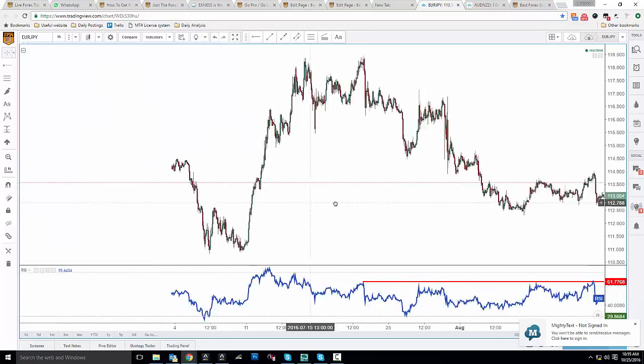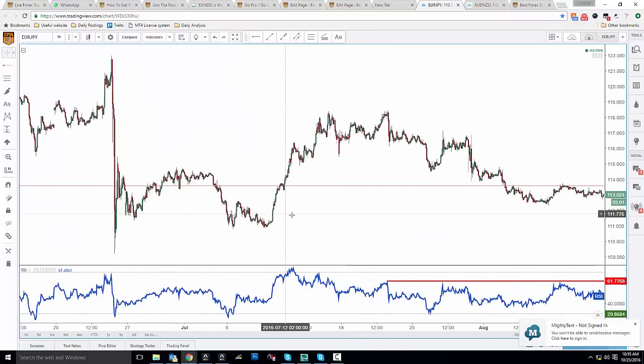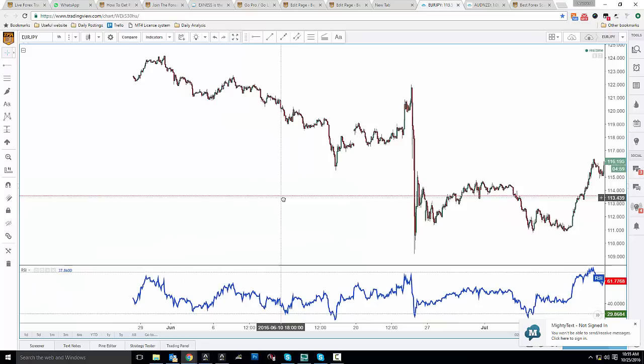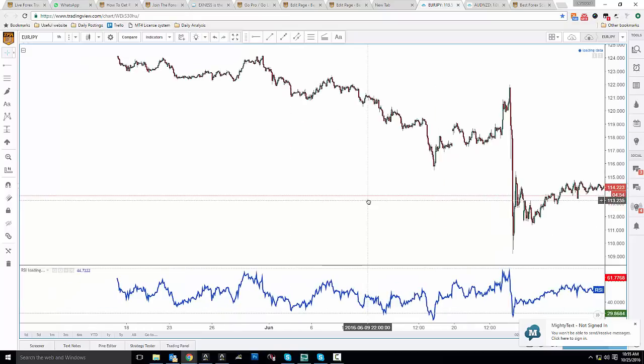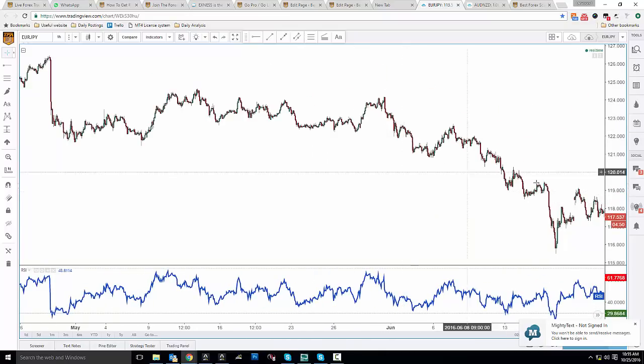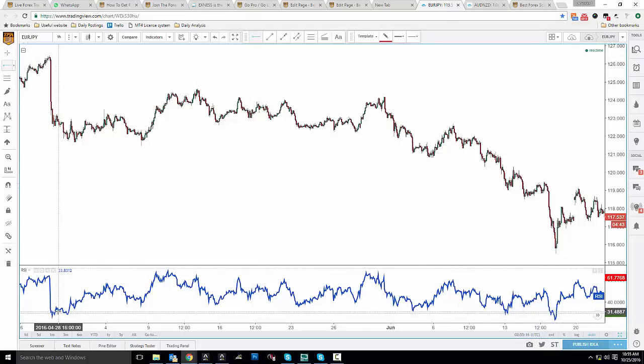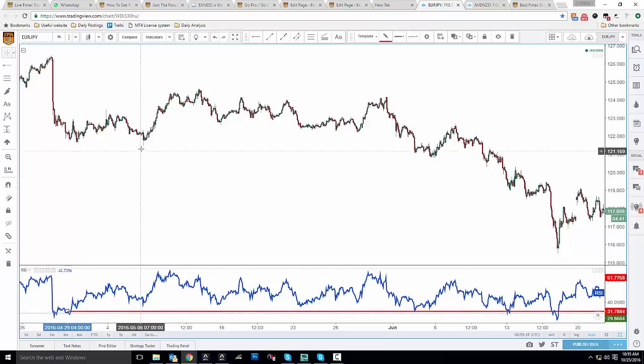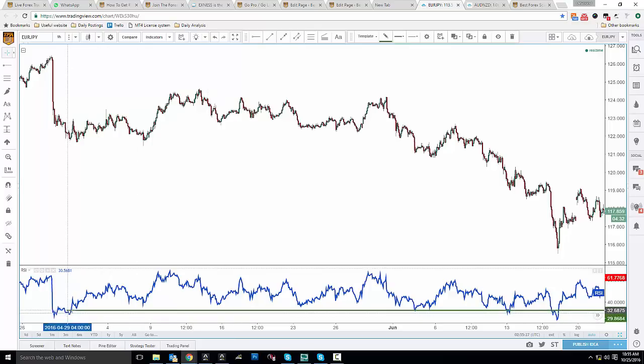What I want to do now is look for other examples of horizontal support and resistance levels. It seems like there's another one right about here.